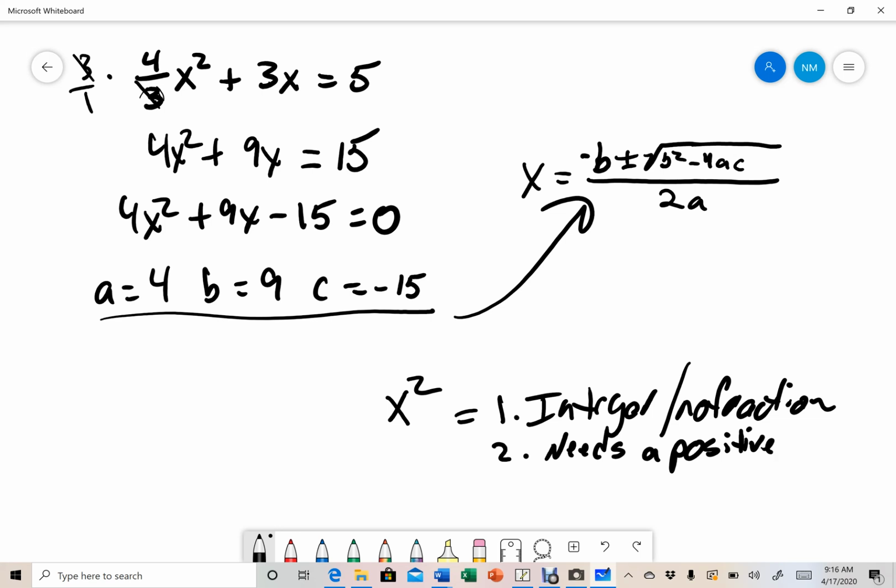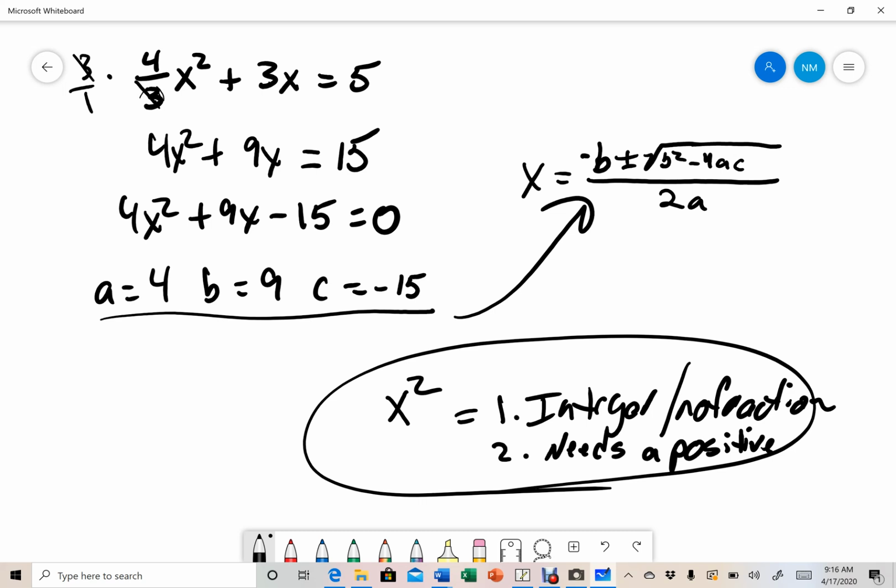So these are two necessary items before we can place this into our quadratic equation. Two things that we need to note when we're working through these quadratic equations. Now let's go ahead and see what we do after we plug in. Let's go ahead and solve through some of these.